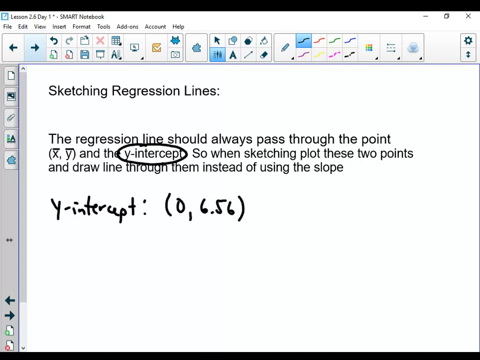So one of the points that we're going to plot is the point 0, 6.56. And we'll go back to our graph here in a second and do this. So that's one point that I want to have graphed. The other point I want to have graphed is this point here, where I'm going to make x bar the x value and y bar the y value.